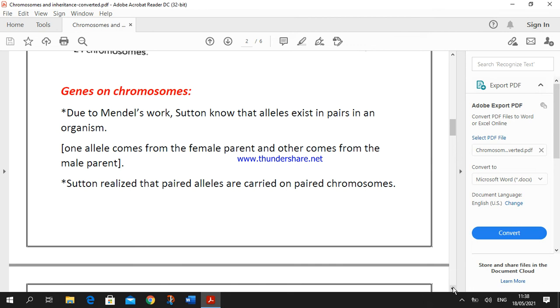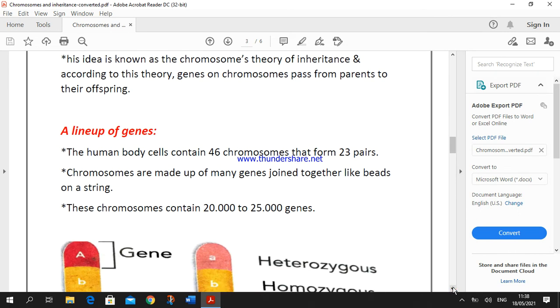Sutton realized that the paired alleles are carried on paired chromosomes, one coming from the male parent and the other from the female parent. His conclusion is known as the chromosome theory of inheritance.